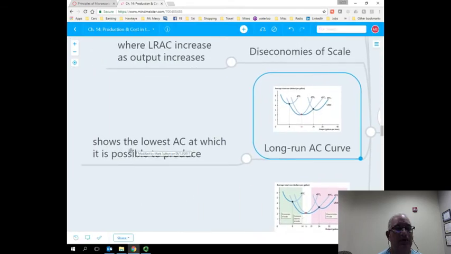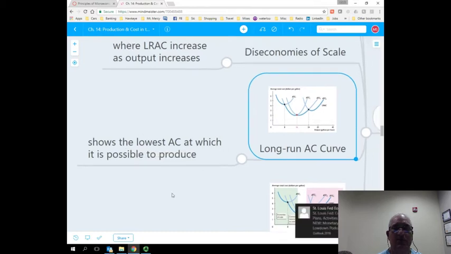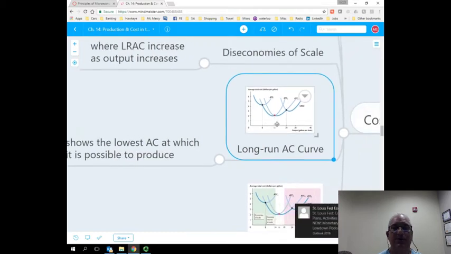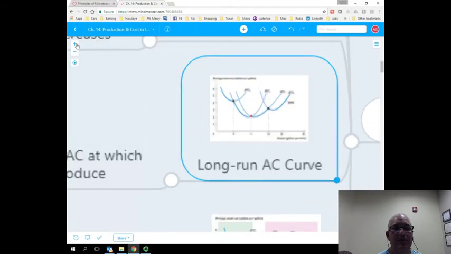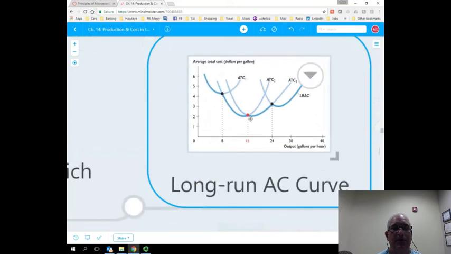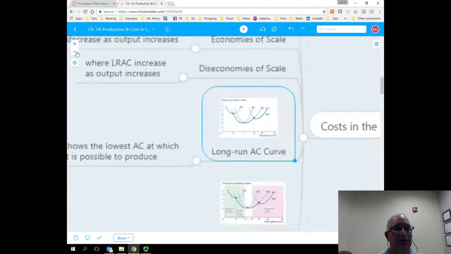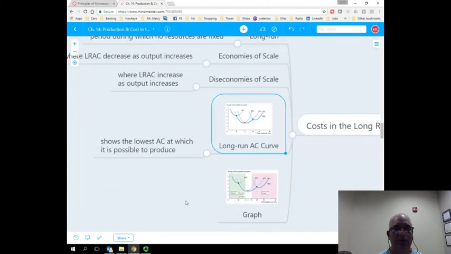So it shows the lowest average cost at which it's possible to produce. So as we can see from our graph, zoom back in here, it would be this point right here because it's the lowest. And that's what we're interested in there.